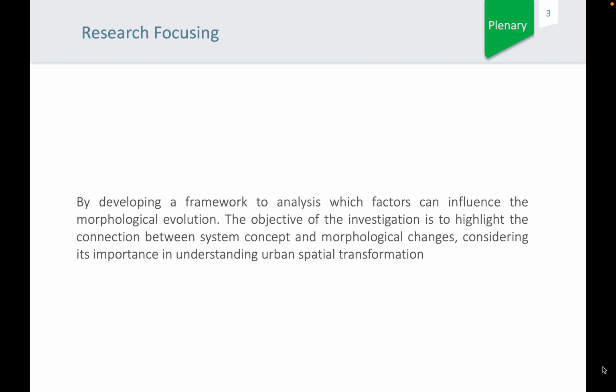The objective of the investigation is to highlight the connection between system concept and morphological changes, considering its importance in understanding urban spatial transformation. This study concludes that the process of morphological evolution is related to a dynamic system composed of multiple factors, which can also provide a theoretical basis for further study.